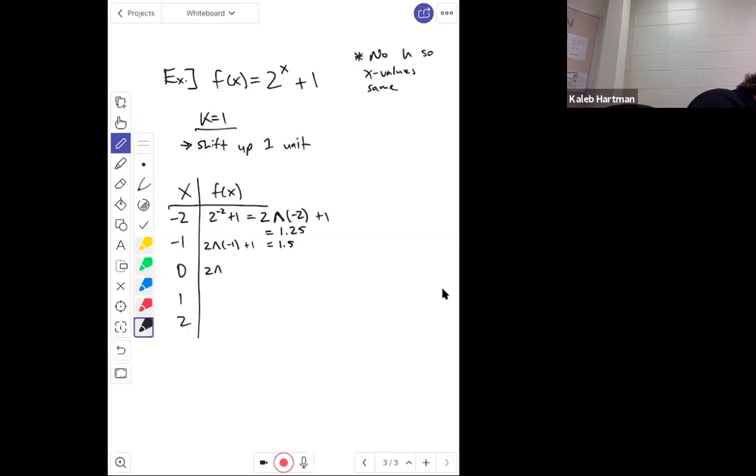Plug in 0, you get 2 to the power of 0 plus 1, which is 2. This one you could probably do mental math. 2 to the power of 1 is just 2 plus 1. So that's going to be 3. You can plug it in if you'd like. 2 to the power of 2 is 4. 4 plus 1 is 5. Okay, so maybe you can still do some mental math on some of these. Most of them probably going to need calculators for.